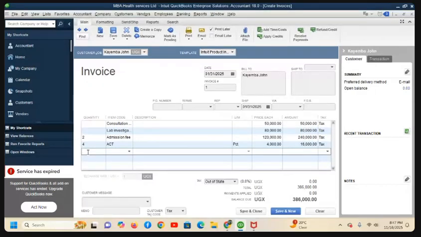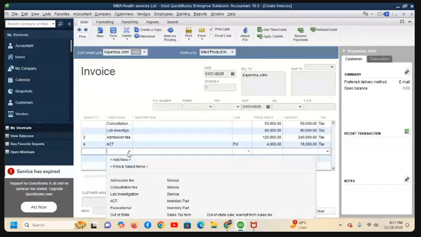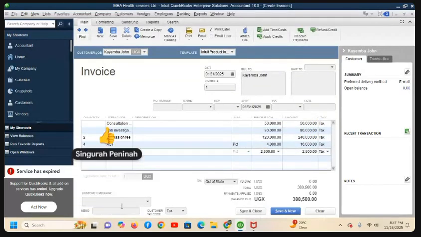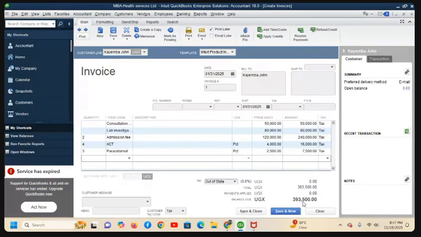So we are charged 4. Should we also give him paracetamol? How many? 3. So now the total we are charging him is 393,500 as our income, isn't it?